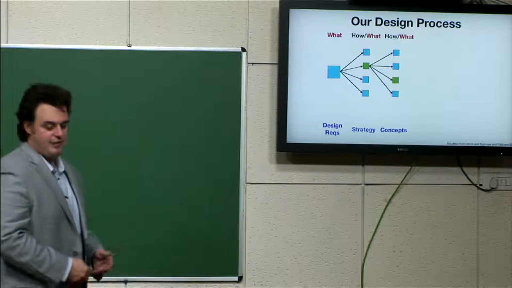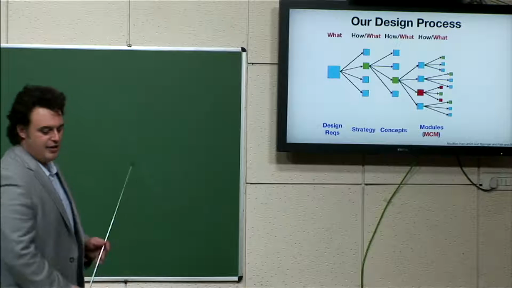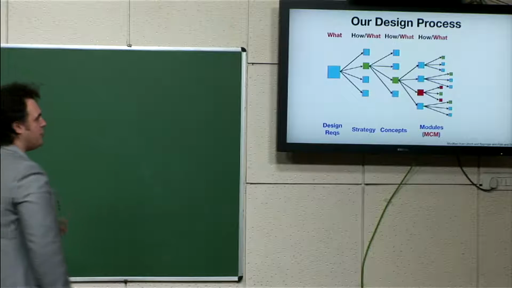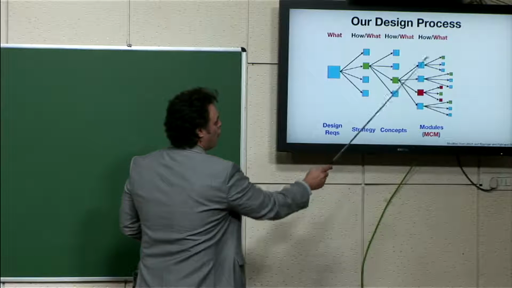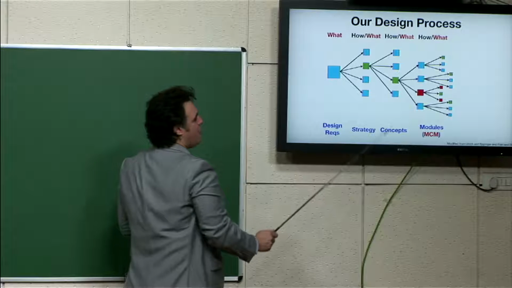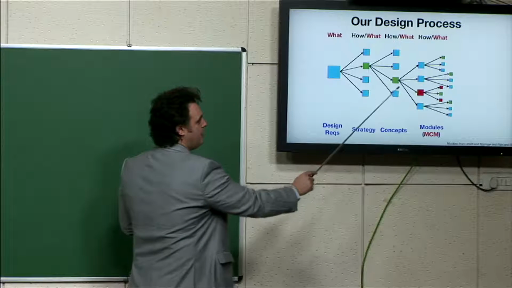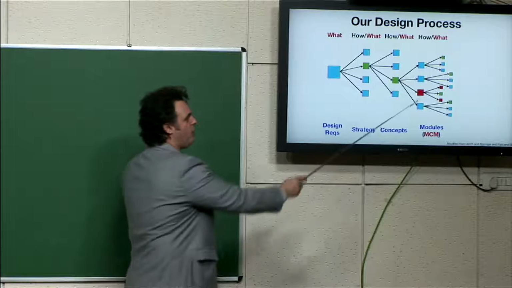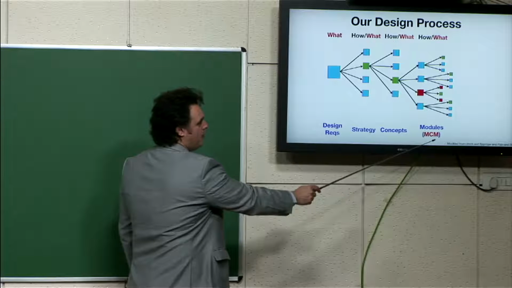You want to do that in every stage, evaluate what the best concept is, then you're going to define modules, just like the Wright brothers did. They had lift, control, propulsion, and when you think of all the modules that are in the concept you want to build, you're probably going to find one that's the most critical. That's why I have MCM, most critical module.